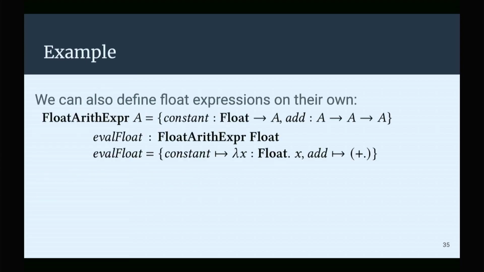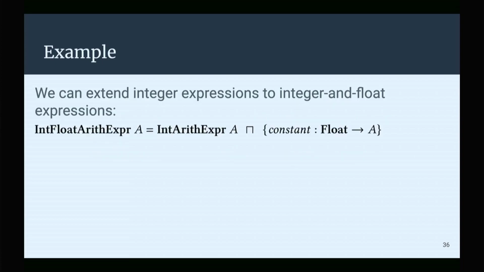And then we can do exactly the same thing for floating points, if we so choose, and the only difference here is that we're using floating point addition. Now we want to define the type of the combined language with integers and floats. There are a couple of ways to do this, but one way is to start with the type that we used for integer expressions, and just add one little piece of information, which is the floating point constants here.